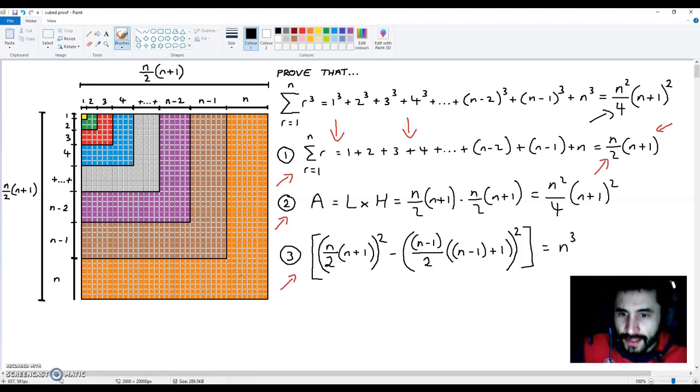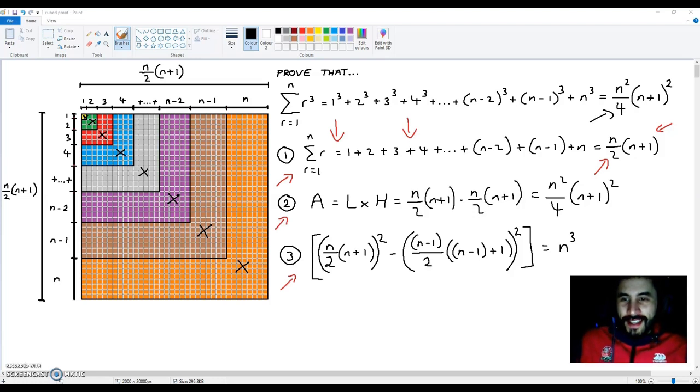So we need to know what this part in orange is, what this part in brown is, what this part in purple is, what this part in grey is, in blue, in red, in green, and in yellow. These areas make up the entire area of the big square. And by knowing them individually, we can get our proof.